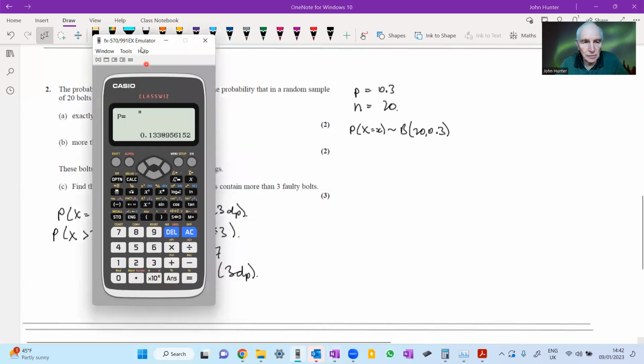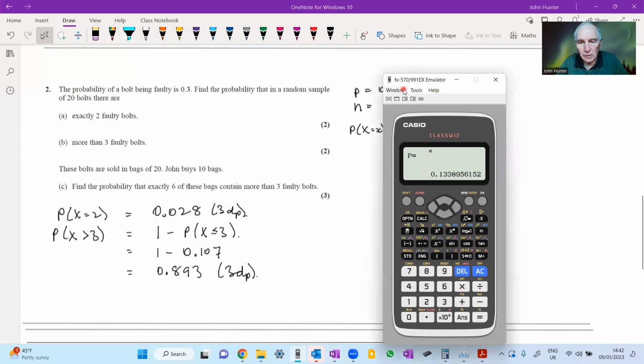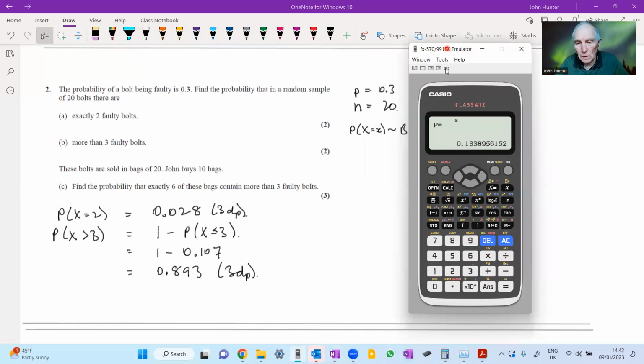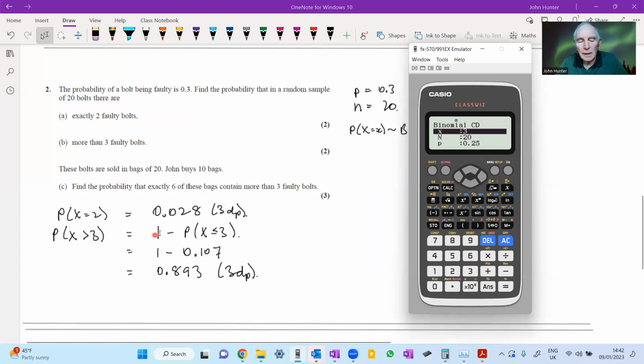So let me just show you that. Menu 7. We're going to go with the binomial cumulative, single variable. So the probability that x is greater than 3 is equal to 1 minus the opposite.